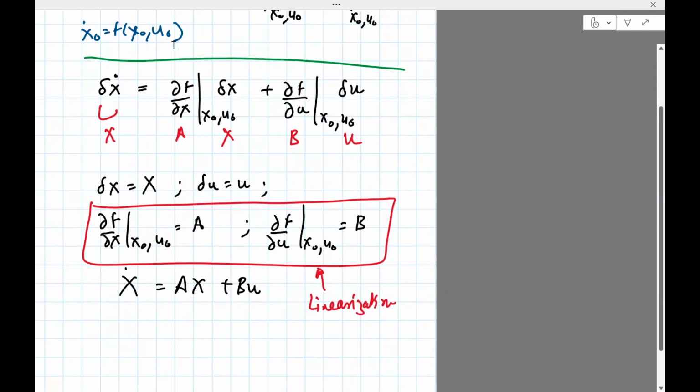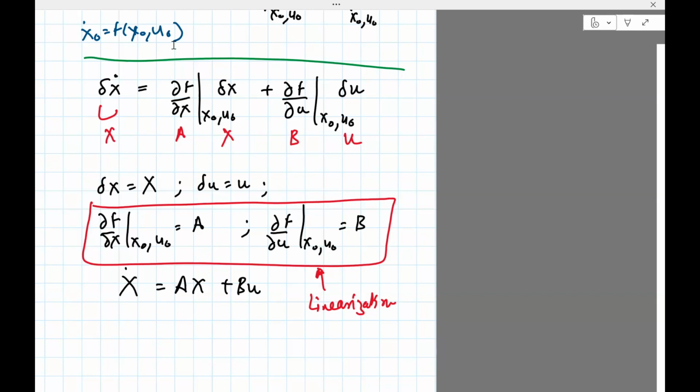Okay, so once you get F, which is the system dynamics, that's the equations of motion in this case, you take the first derivative of F with respect to X and U. We've learned how to do that. That is basically the Jacobian of F with respect to X and with respect to U. Once we get that, that's A and B. That goes into x dot equals Ax plus Bu.